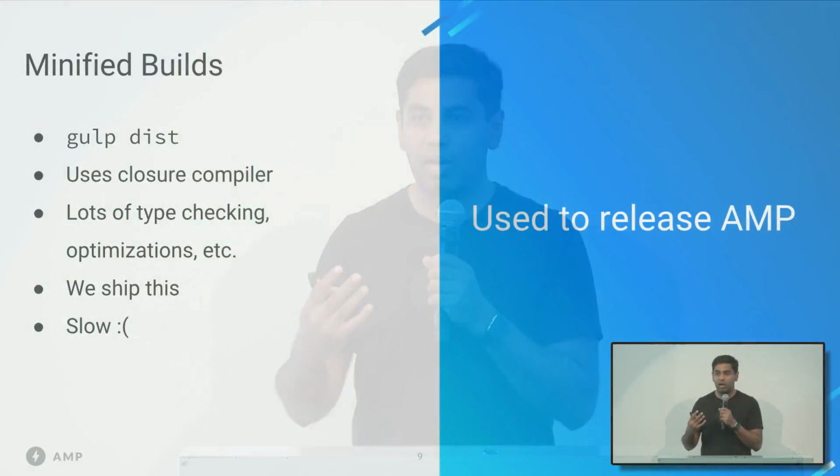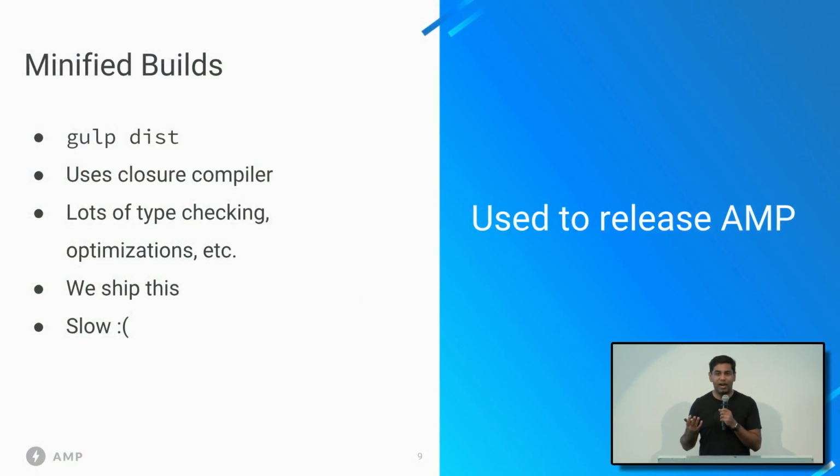The first kind of build is the minified build, and we do minified builds for code that we ship on the internet. If you go and view the source of an AMP page, or if you just go to the CDN URL for the AMP runtime and pull it out, it's essentially a plain text JavaScript file with very few spaces and such. That's called a minified build.